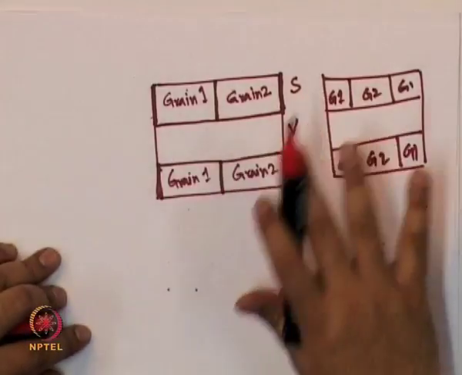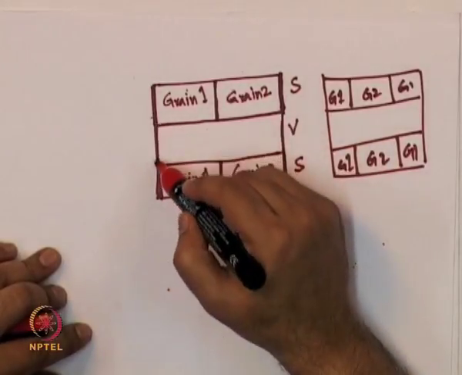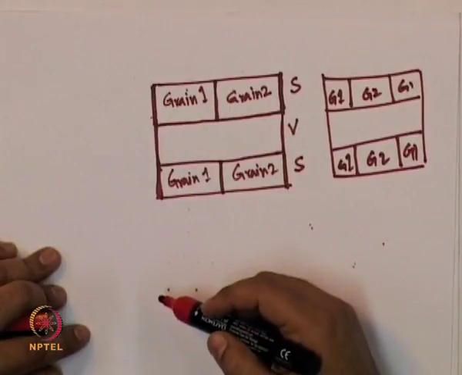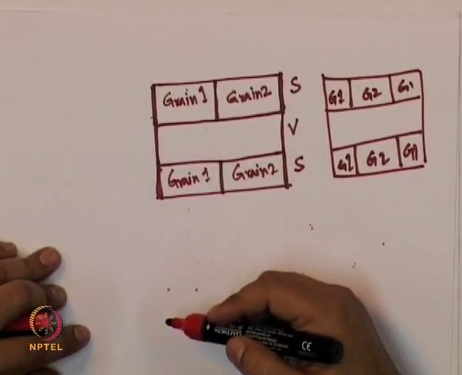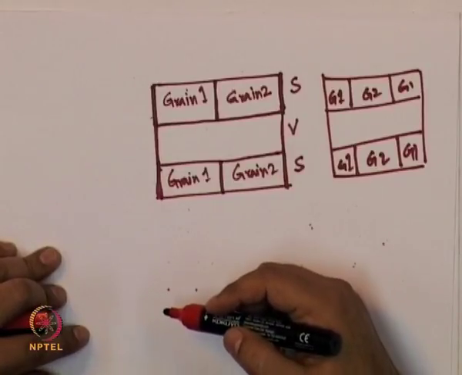Now, if this is the structure, the initial structure that we are going to take, how do we describe this microstructure? Of course, to describe this microstructure, we need at least 3 order parameters. So, what are they?